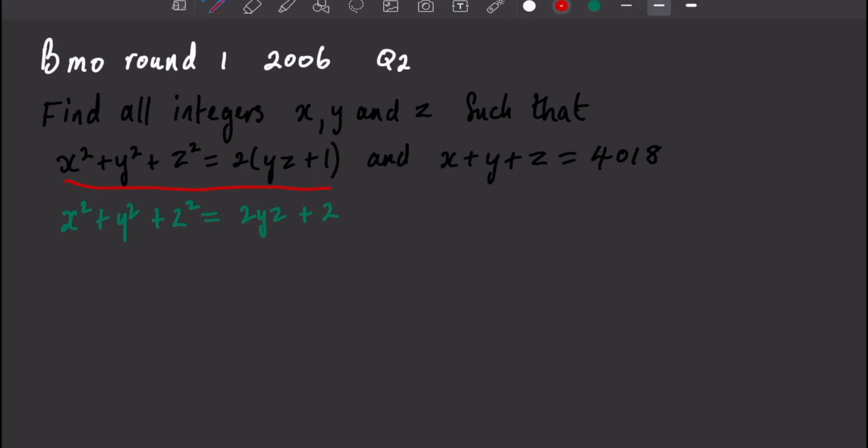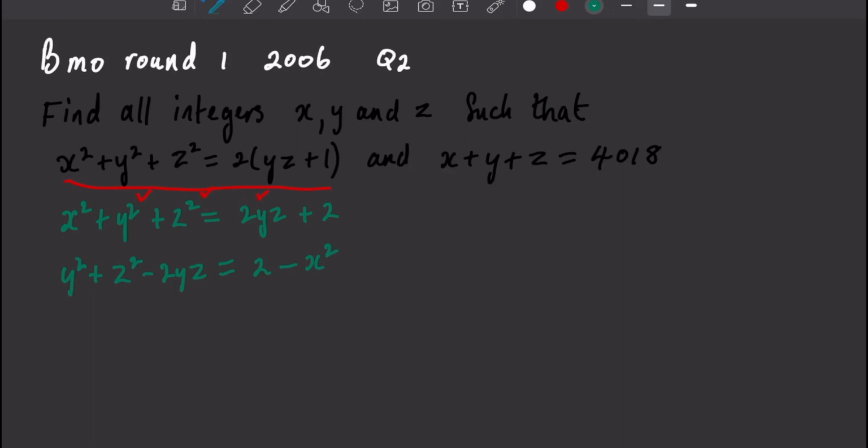Now if you notice, clearly we have 2yz, we have y squared, and we have z squared. So if we bring 2yz over to the left hand side, and if we bring x squared over to the right hand side, we will have y squared plus z squared minus 2yz equals 2 minus x squared.